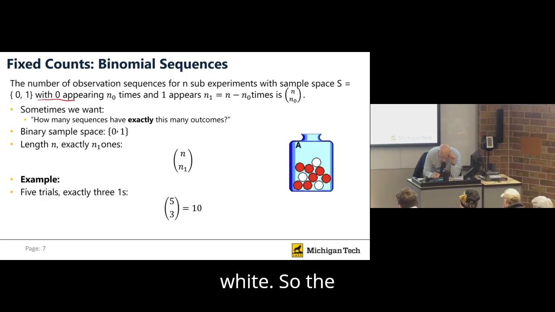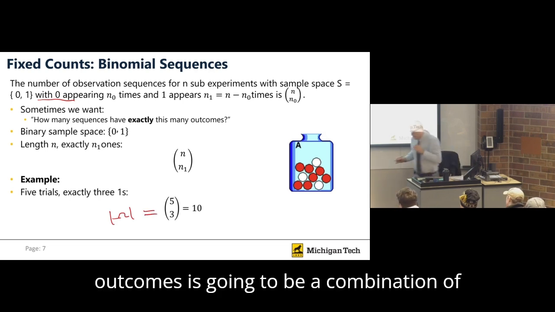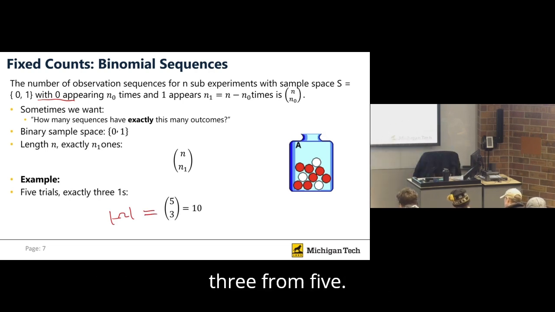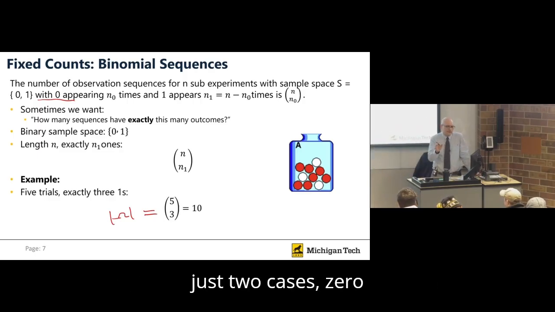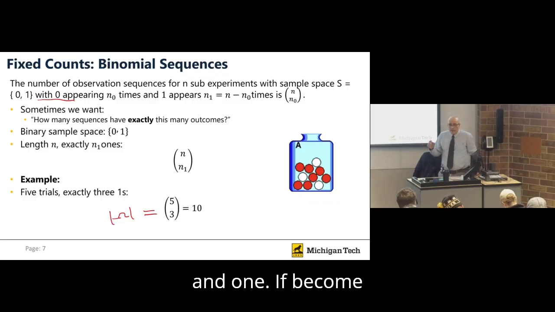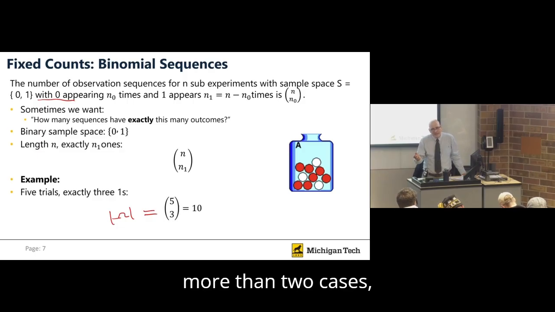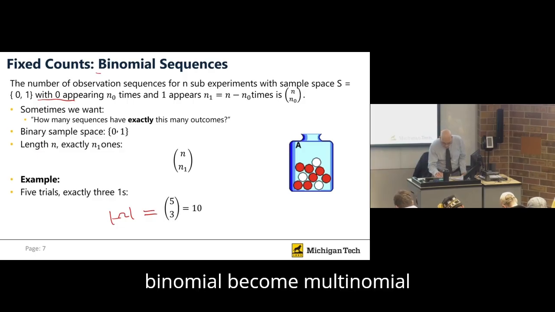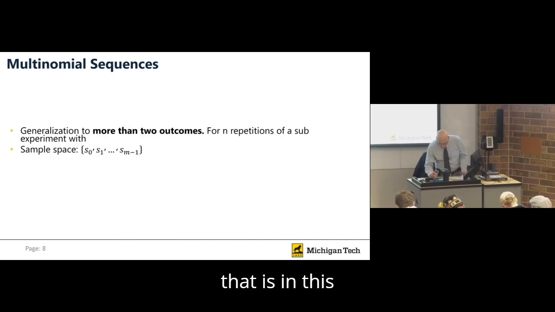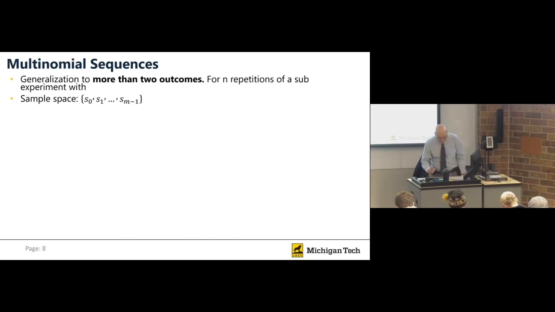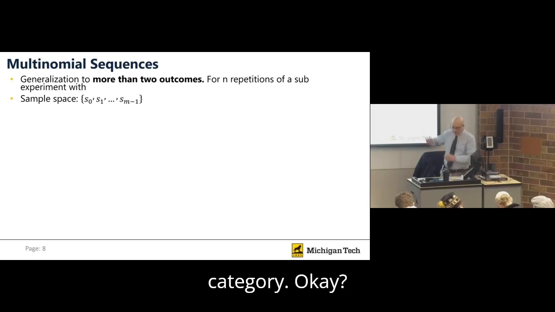So the number of outcomes is going to be a combination of 3 from 5. That's not difficult because it's just 2 cases, 0 and 1. If there are more than 2 cases, binomial becomes multinomial. That is in this category.